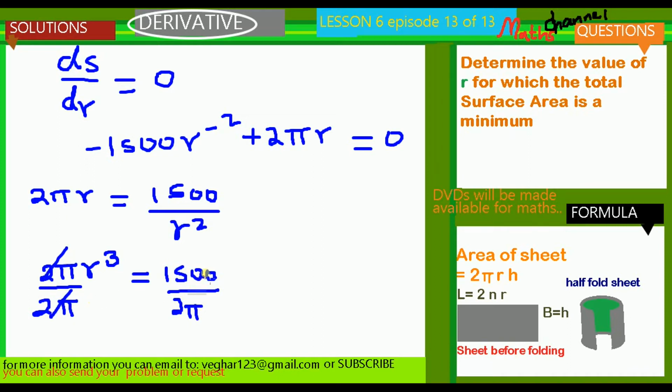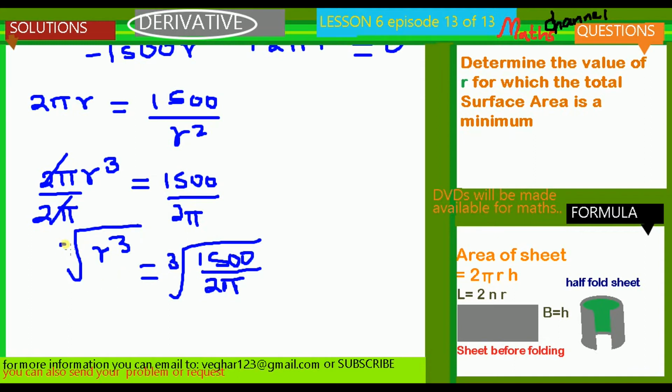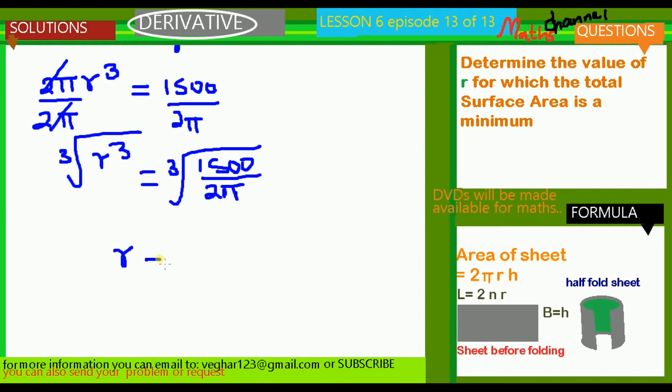And then this one will cancel that one. The pi will be cancelled, the 3 will cancel the 3, and then you'll be left with.